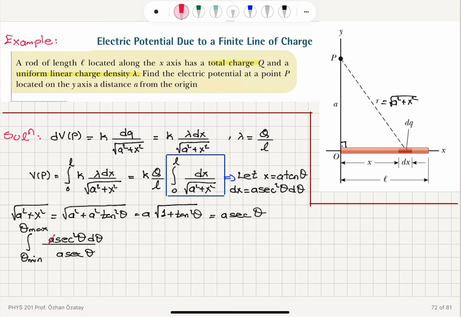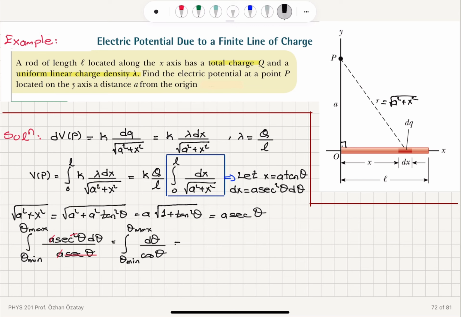So you can see that these a's will cancel, and I'm going to get rid of one of the secant thetas here. And this will be now the integral from theta minimum to theta maximum of secant theta d theta, which is d theta over cosine theta.